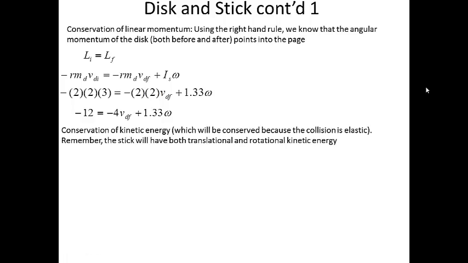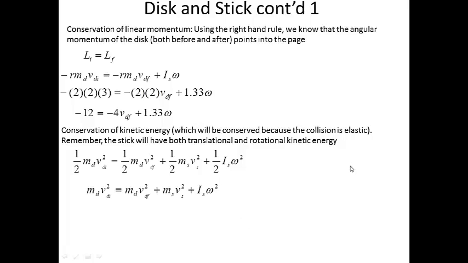Now, kinetic energy will also be conserved. We also have to remember that the stick will have both translational and rotational kinetic energy. So the initial kinetic energy will just be due to the disk. The final will have the final kinetic energy of the disk, the final translational kinetic energy of the stick, and the final rotational energy of the stick.